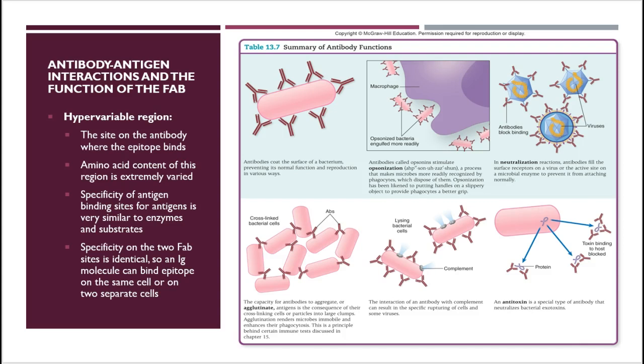Because antibodies can have two identical antigen binding sites, one on each end, they're able to bind more than one antigen at the same time. So this can result in a clumping or aggregating reaction that's known as agglutination. And this prevents the microbes from moving around. It also makes them more noticeable by phagocytes so that they can be removed from the body.